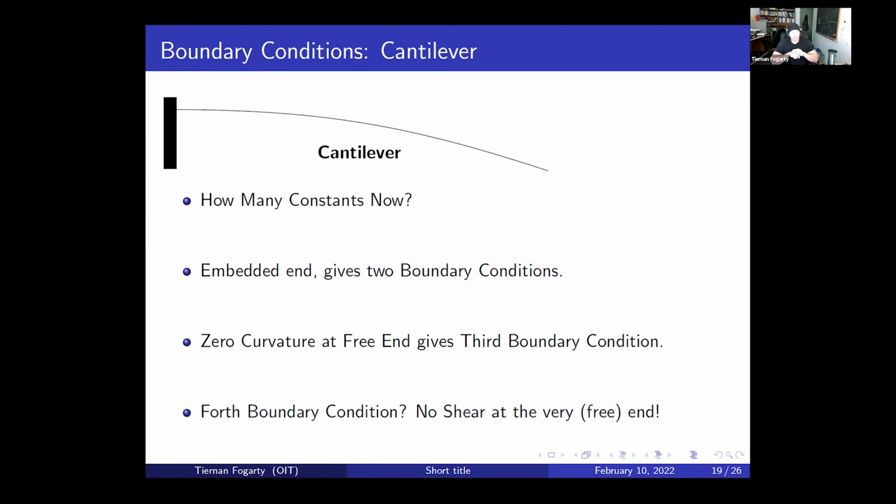And I always just end up having to tell them that there's this thing called shear, and that at the free end, since there's no beam beyond the end of the beam, there's no shear right at the very end, which means the third derivative is zero. But I definitely let them mess around and struggle with that for a couple of days at least, because that's how they learn things, at least in my experience.